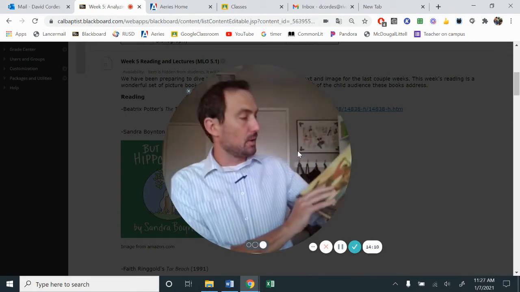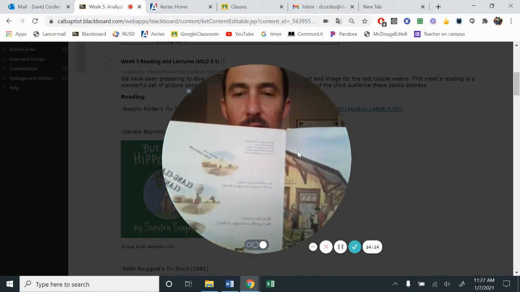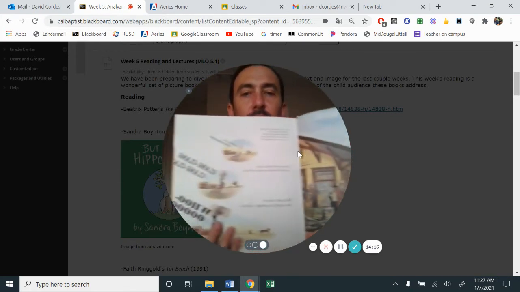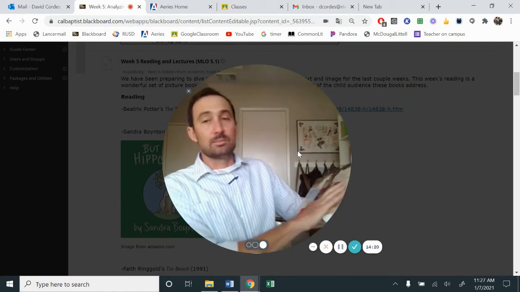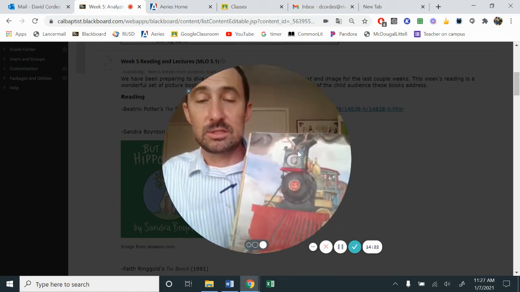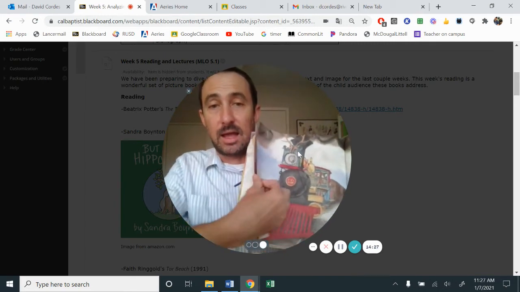And again, we've got very soft colors. We've got the same color palette of blues and yellows and browns, right? They're not venturing out into anything abstract until we come to the train, because the train is going to be red so that our reader can track with that item, okay?